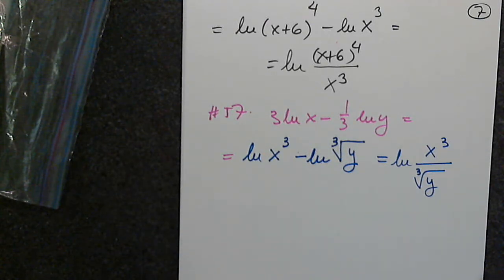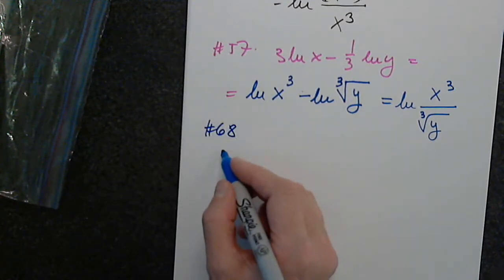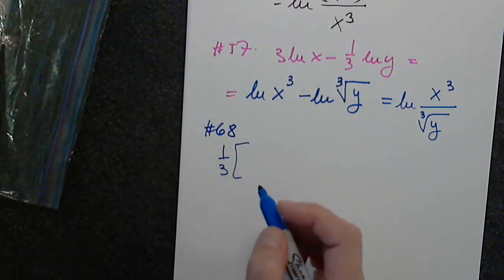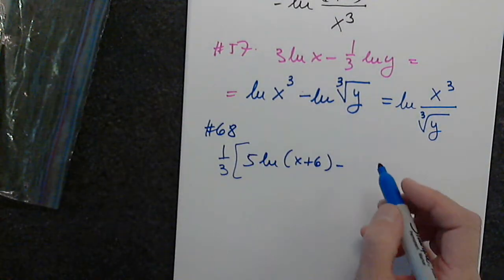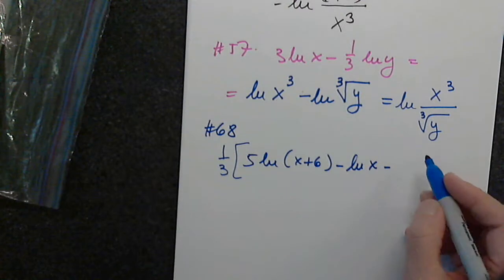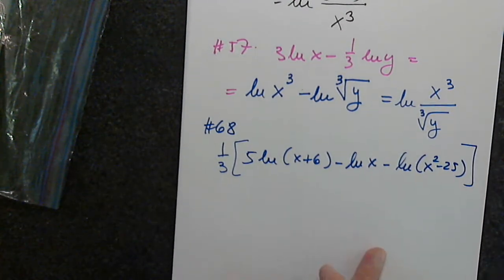Just log. Okay, let's look at one step forward, like 68. I can make them more difficult than this. This is it, really. 5 natural log of x plus 6 minus natural log x minus natural log of x squared minus 25.